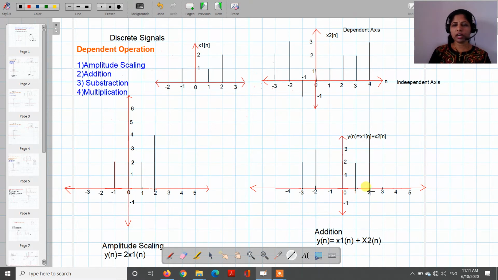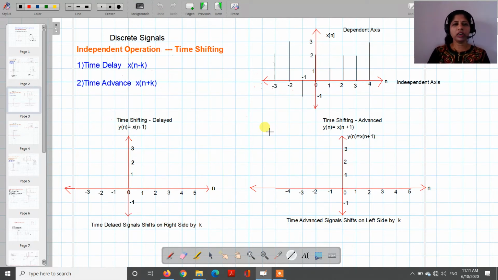Likewise, at 3, 2 plus 0, and at 4, 3 plus 0, is 3. Hence we completed the addition operation, which is a dependent operation. Again I'll repeat, in dependent operations we are performing operations on amplitude, on the strength of the signal.